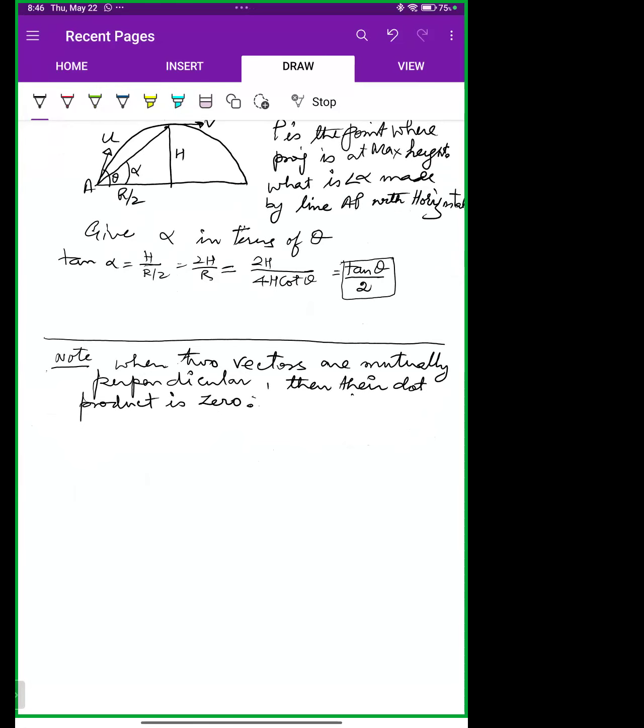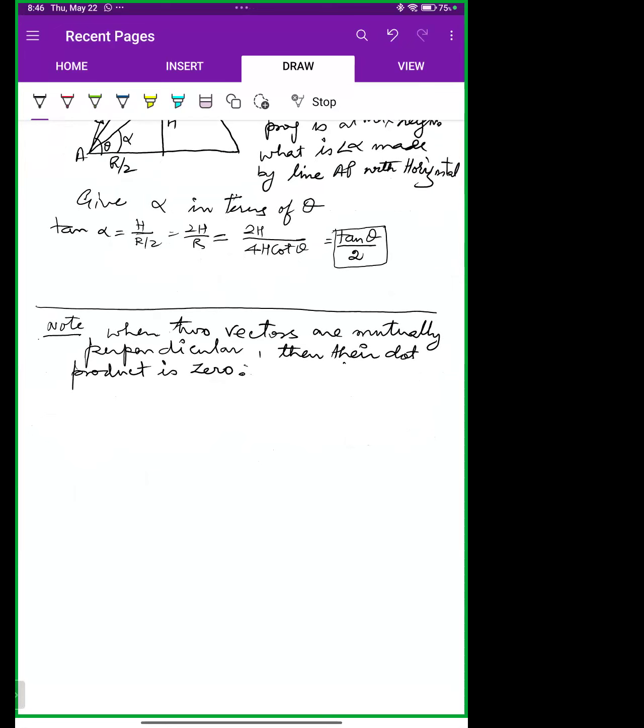See the next question. When two vectors are mutually perpendicular, then their dot product is 0. This is a well-known thing. We have discussed it in vectors. Now comes an example on this.